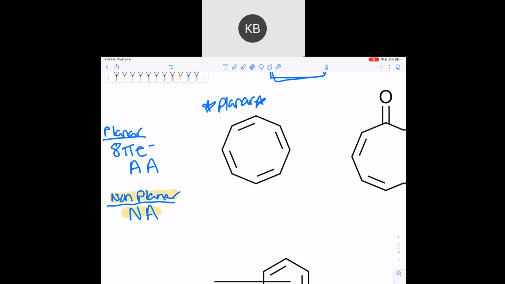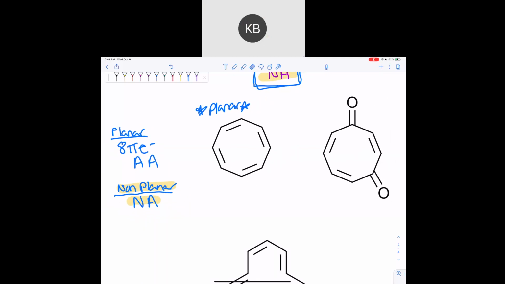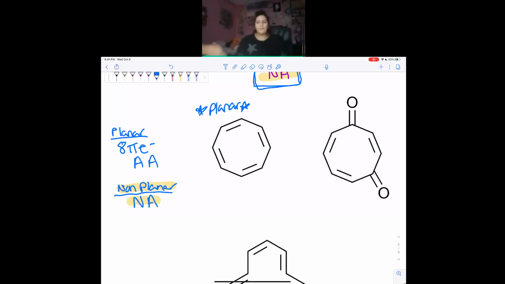Okay, and a dumb question, but what does it mean to be planar? Because isn't that like symmetry? Yeah, that's not a dumb question at all. So all it means to be planar is that there's no 3D shape to it. It's all just flat.